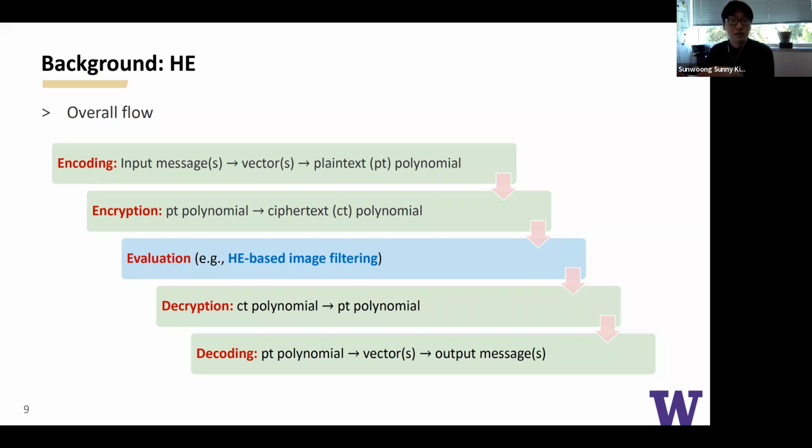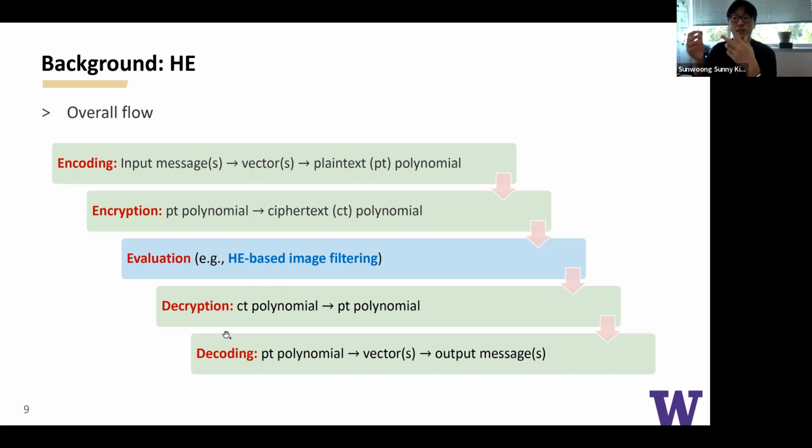On the server, homomorphic applications such as the homomorphic encryption-based image filter are performed. As mentioned earlier, operations are performed on ciphertext, so the server cannot acquire any private information. After the homomorphic evaluation, the resulting ciphertext polynomial is sent back to the client and decrypted into a plaintext polynomial.